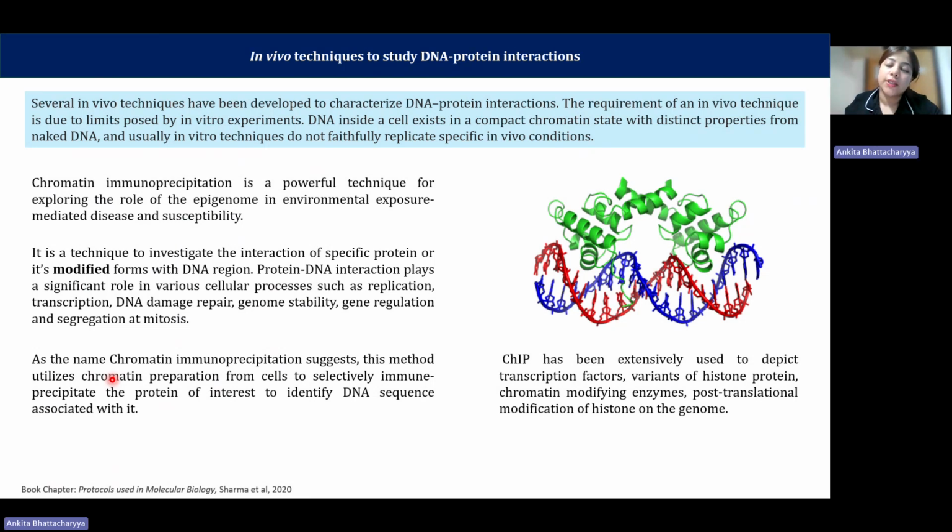So this is another major distinguishing point from in vitro techniques, that in vitro techniques we provide naked DNA and we provide our protein sequence of interest. So like I said, two inanimate objects and you're just checking if they bind to each other. But when we talk about ChIP, it is actually capturing whatever state the DNA is in.